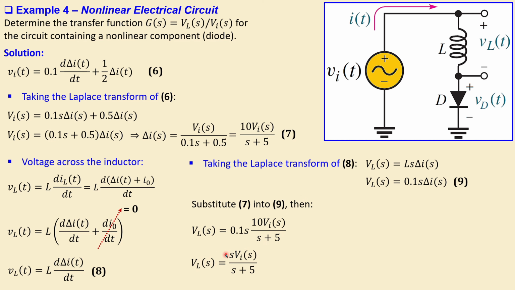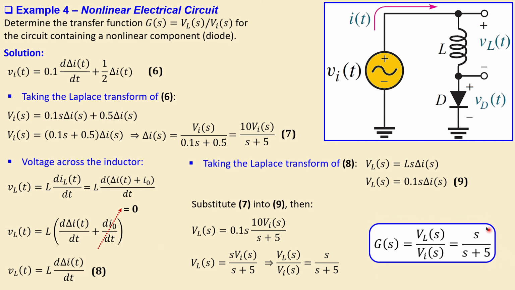So if I now divide the left and the right hand side by V_I, I will get this, which is actually our transfer function. So s over s plus 5. So we have a pole at minus 5 and then we have a 0 at 0. So this is now the linearized transfer function, or let's say the transfer function of the linearized system for this nonlinear electric circuit.